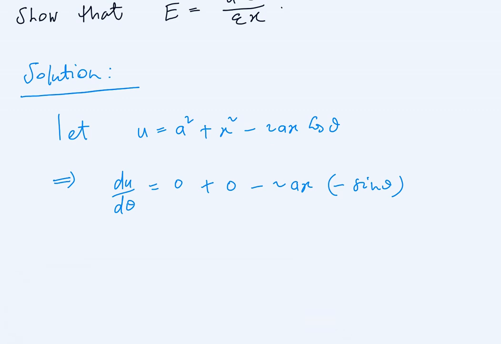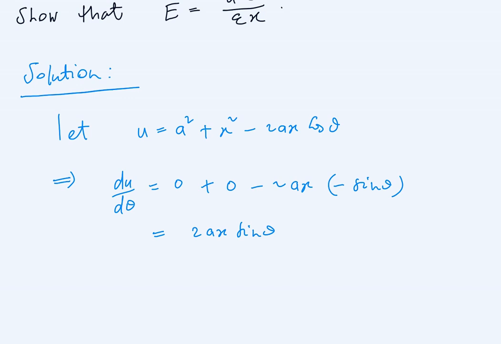We get minus 2ax multiplied by minus sine theta. And that is equal to the following. When you multiply these two, you get a positive 2ax multiplied by sine theta. That's what you get over here.